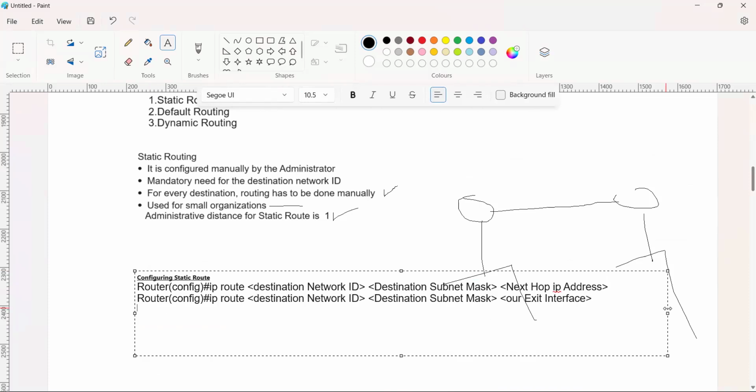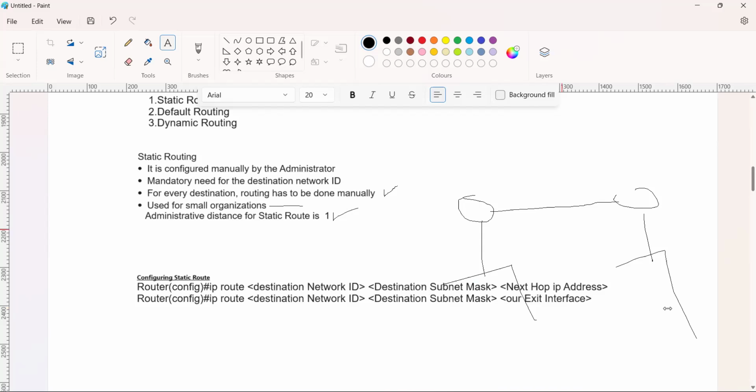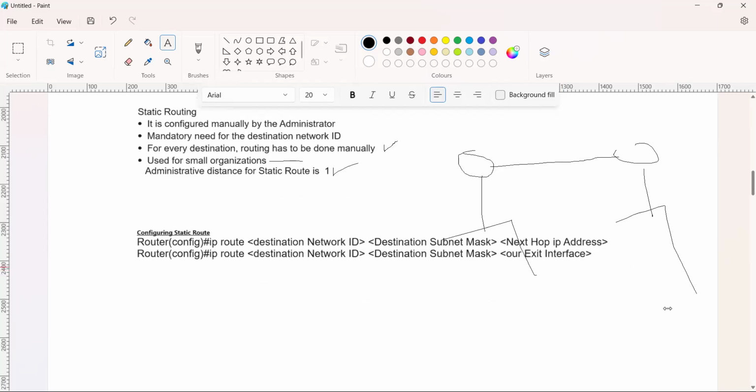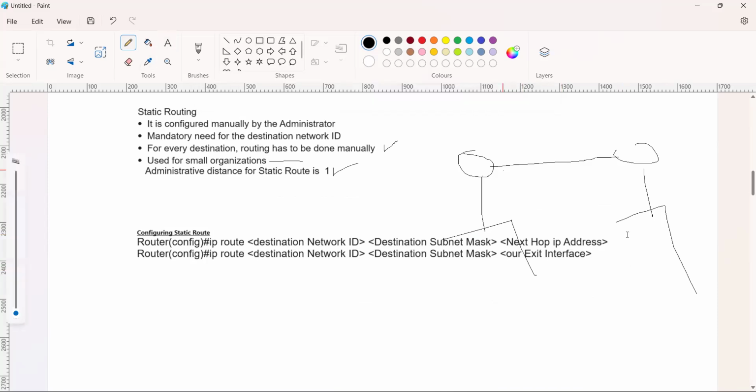First, ip route, then the destination, the destination subnet mask, and the next hop IP address. There are two ways we can configure it. First, we should know the destination network and destination subnet mask. Then we should know the next hop IP address. What does next hop IP address mean?